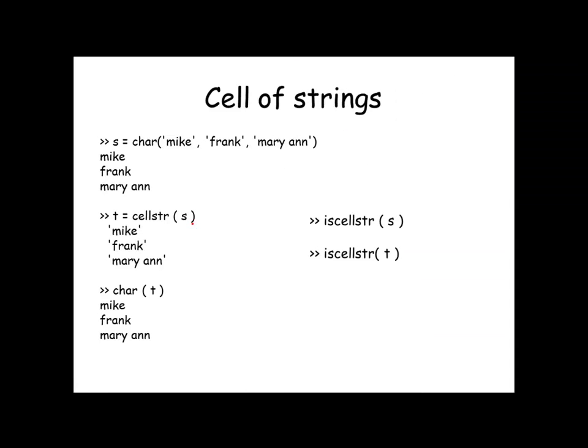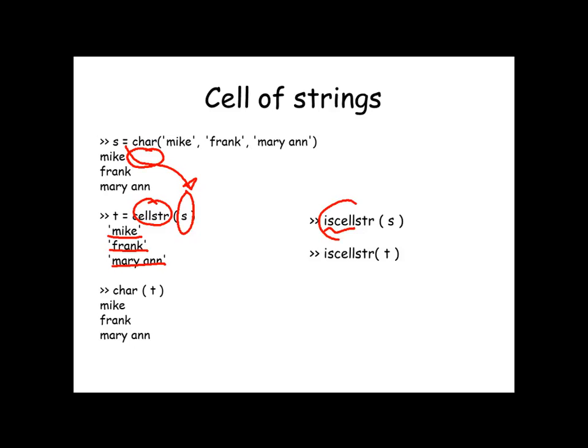We can take this character matrix and convert it to a cell of strings using the cellstr function and providing it the character matrix. This will remove the additional spaces at the end of each line, and you will obtain a cell array with 3 items in it.